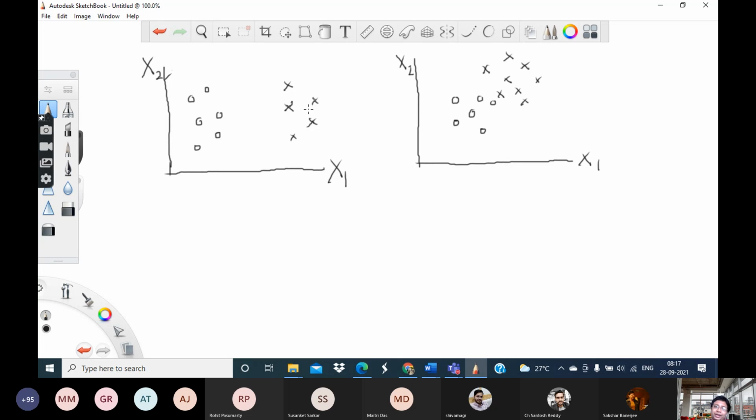But then why will I say that this is easier to classify than that? So in the first case, we can have many hyperplanes, but for the second, only some.